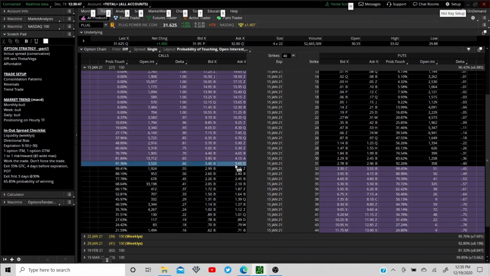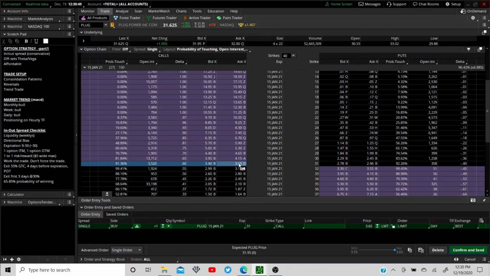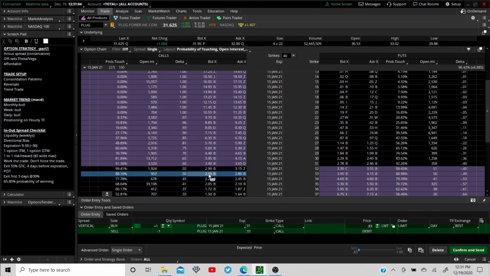We're going to click on that and build one leg of it. And we want to sell an out of the money option at about $2 away from it. So if we sell the 33 against the 31, we're looking at about an 83-cent debit.